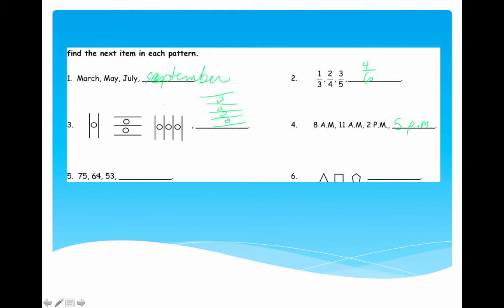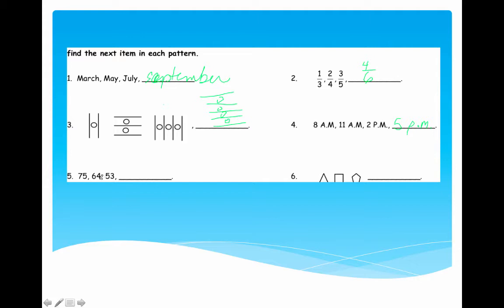75, 64, 53. Your first thought would probably be subtraction or addition, right? So since we're going down, probably subtraction. Sometimes it'll be squares, sometimes it'll be multiples, but 75 and 64 are not super related. This one's a square, this one's not, this one's prime. So you can't really think of factors very well.